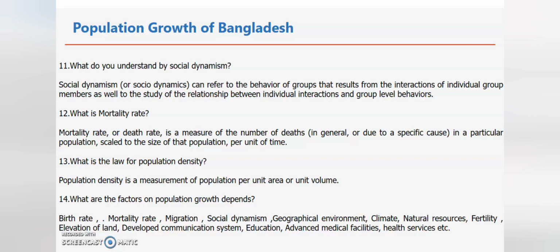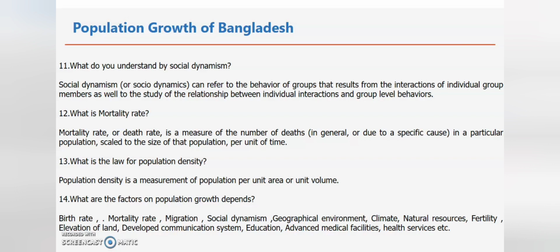Coming up to the next question, what is the law for population density? Population density is a measurement of population per unit area or unit volume. Now, my next question for you is, what are the factors on which population growth depends?